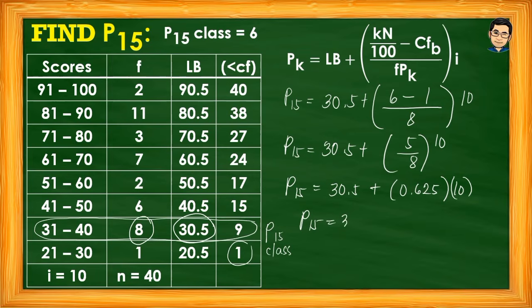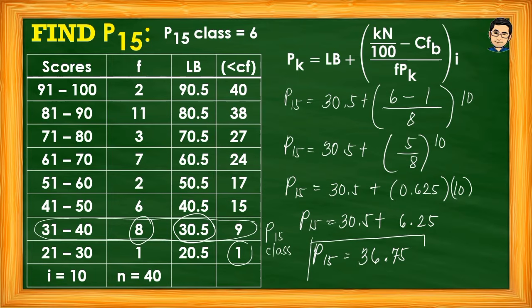So, kapag minultiply natin yung 0.625 sa 10, ang makukuha po nating sagot is 6.25. And then, add natin yung 30.5 tsaka 6.25, we will get 36.75.